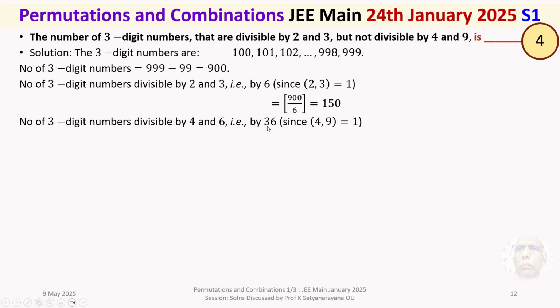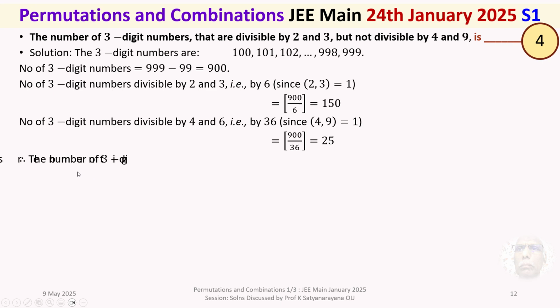Therefore, the number will be the greatest integer function of 900 by 36. Here also it is exactly divisible, so it is 25.